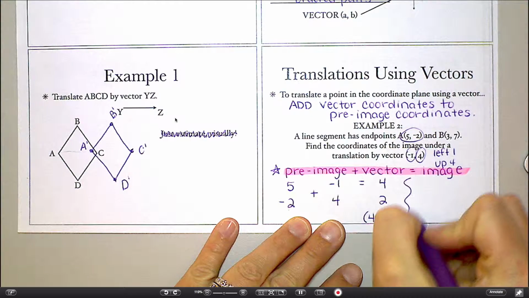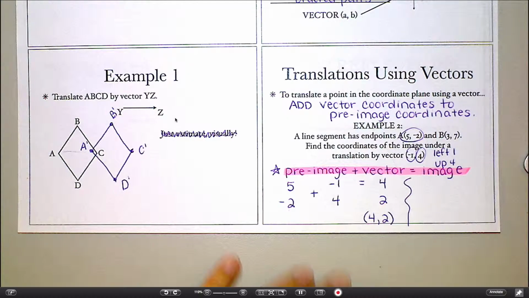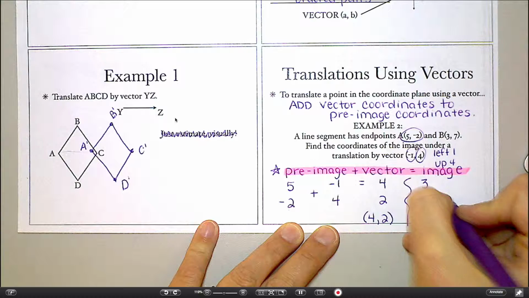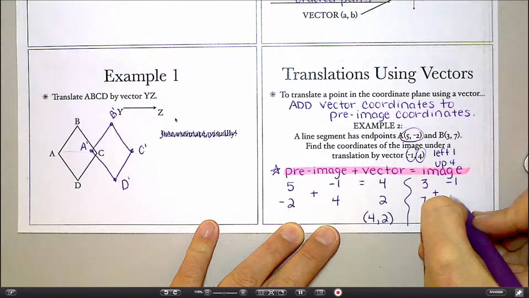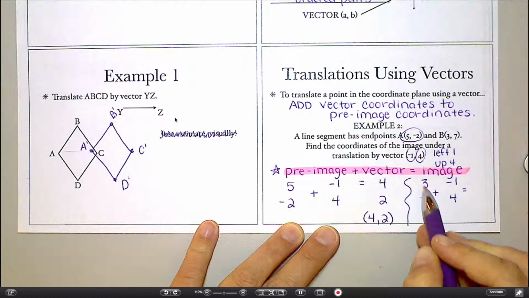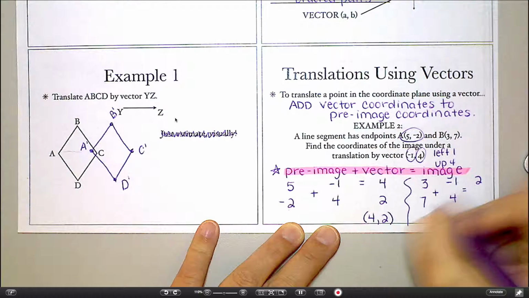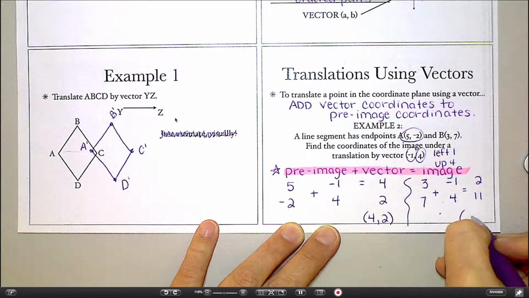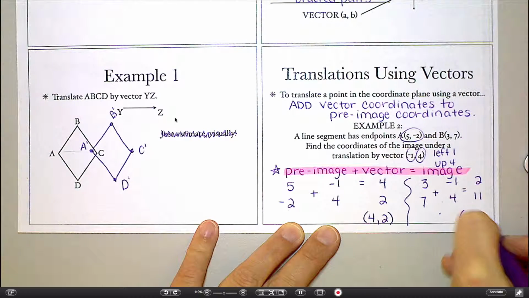And then I'm going to do the same thing, and this one I probably won't stretch out as much. I'm going to take (3, 7) and add it to (-1, 4). 3 plus -1 is 2. 7 plus 4 is 11. And so my new image would be (2, 11).